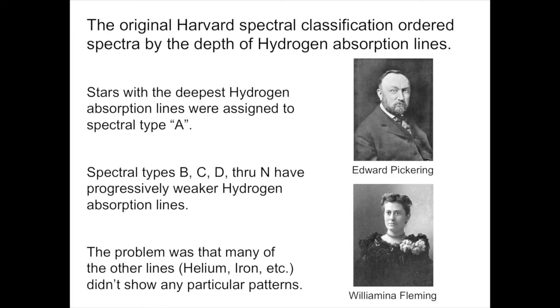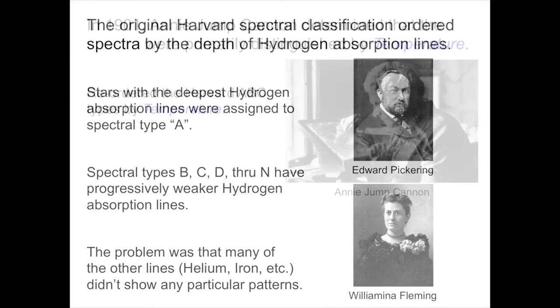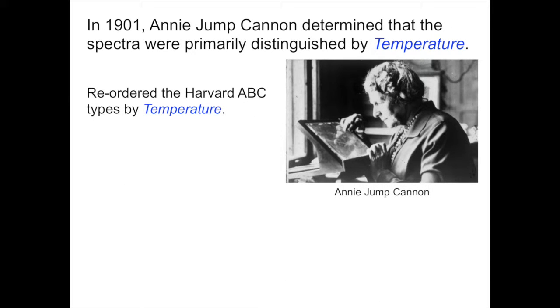And this caught the attention of one of the computers who worked for Pickering, Annie Jump Cannon. In 1901, Annie Jump Cannon, who originally began work as one of Pickering's core of computers, noticed that the spectral patterns that she was seeing were related to the color of the star, and of course color is related to temperature.